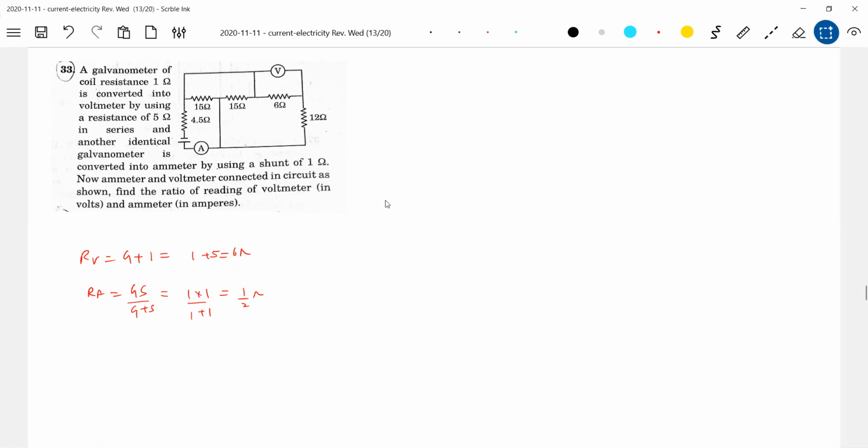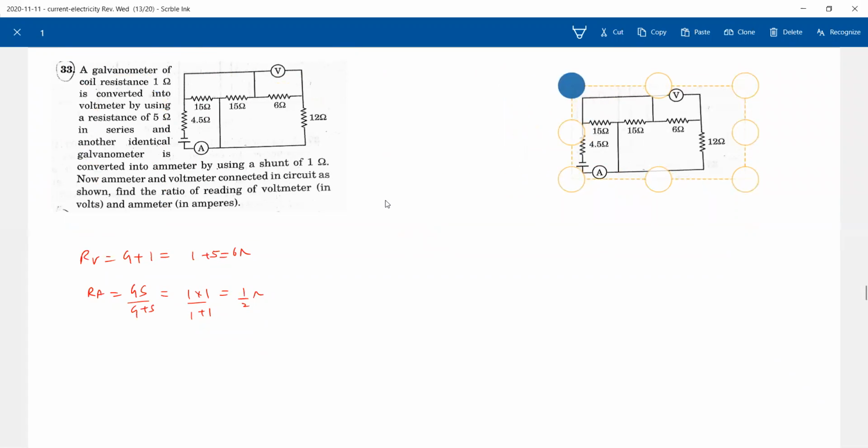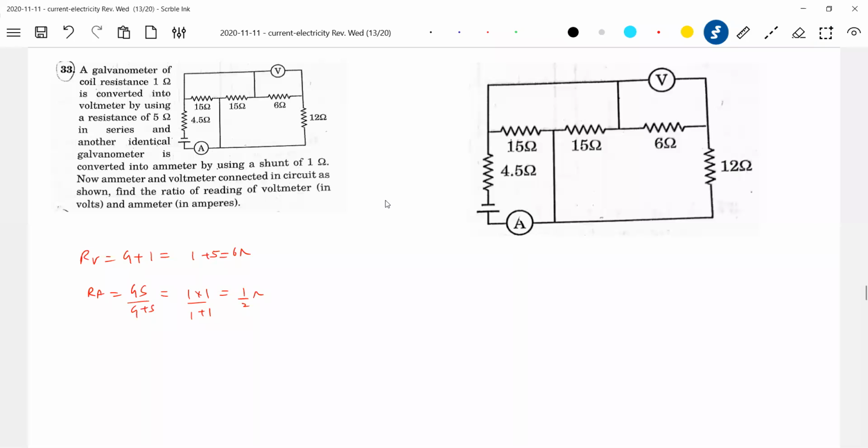Okay, this circuit will be one by 2 ohm, and this will be 6 ohm. So this 6 ohm will become 1 ohm.